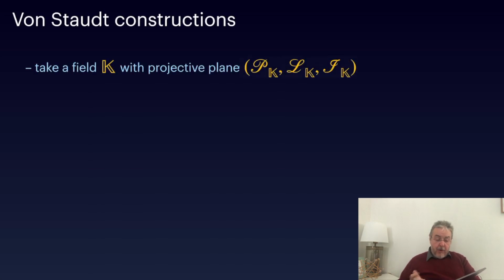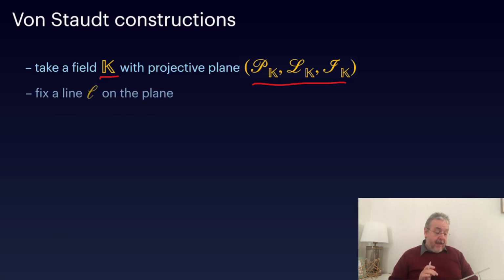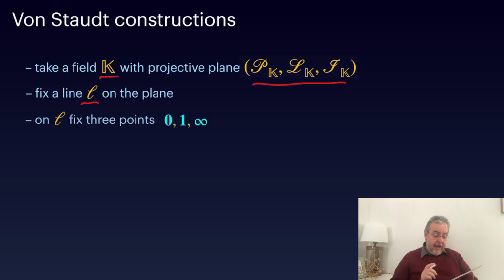So what we do, we start with a field, we take the corresponding projective plane over that field, then in the projective plane we single out one line. This will be our yellow line, and on that line we fix 3 points 0, 1, infinity at arbitrary positions. The only rule that we need is that they do not coincide.